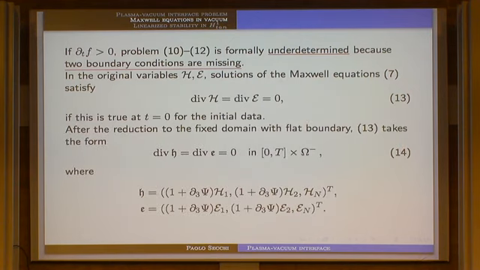These 2 constraints take this form after the reduction to the fixed domain with a flat boundary, with these small Gothic letters, H and D, defined with this combination, but still with the form of divergence of something.